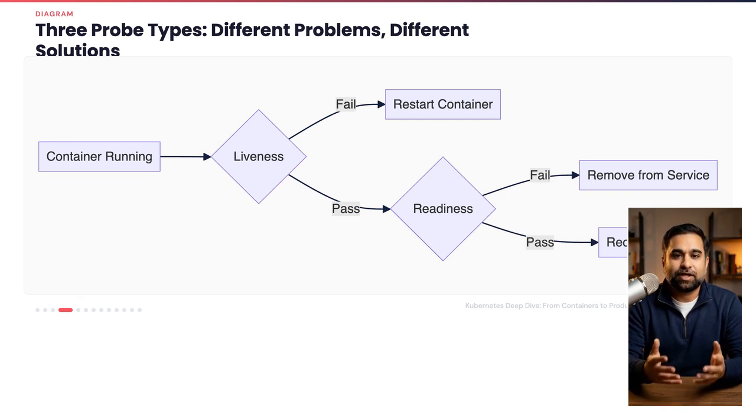Kubernetes gives you three ways to check health. HTTP probes make a GET request to a specific endpoint. If it returns a status code between 200 and 399, the probe passes. This is the most common approach for web applications. TCP probes just try to open a connection to a specified port. If the connection succeeds, the probe passes.